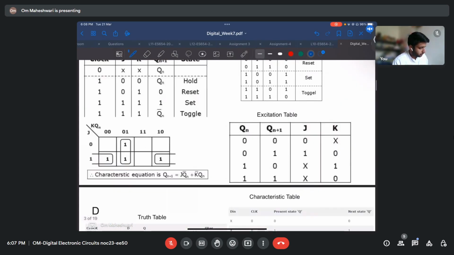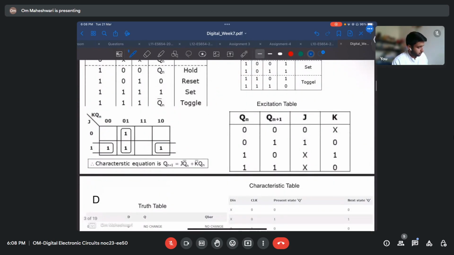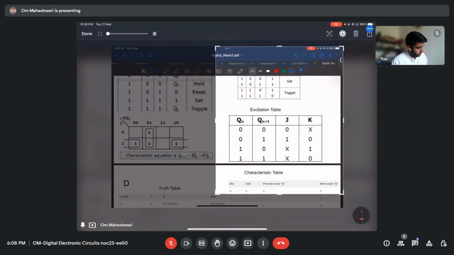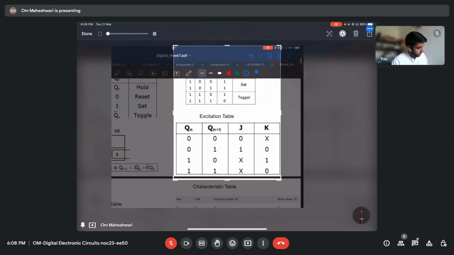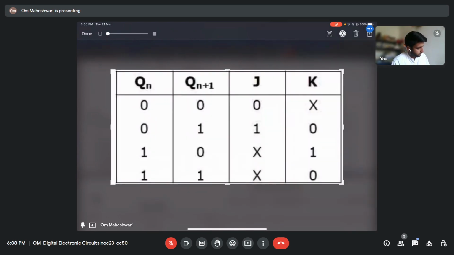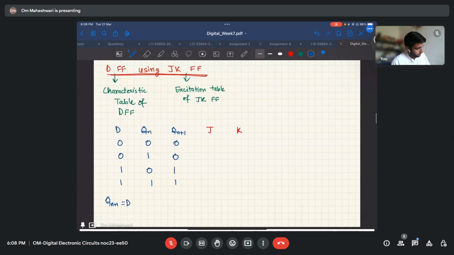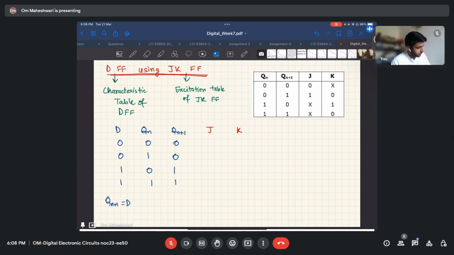I already have these copied here. This is the excitation table of JK.